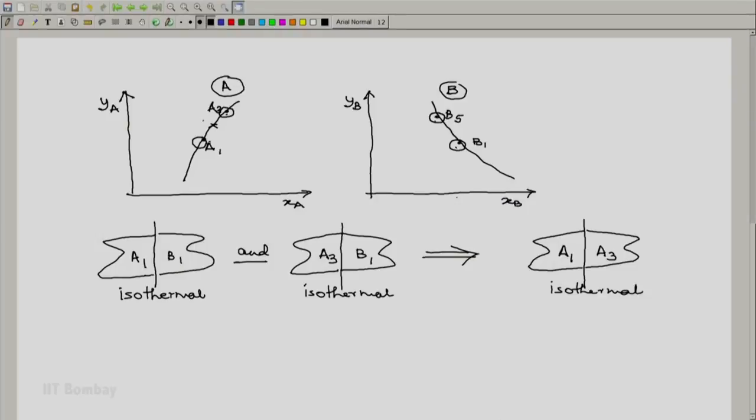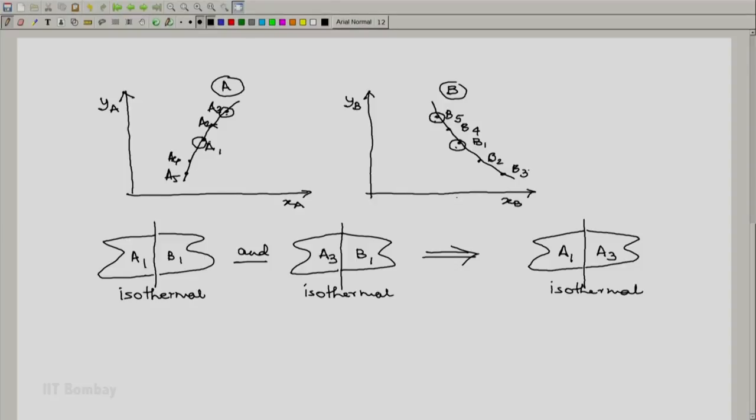Extending this argument further, say we had an A2 here, an A4 here, an A5 here, and here we had B4 and here we had B2 and B3.